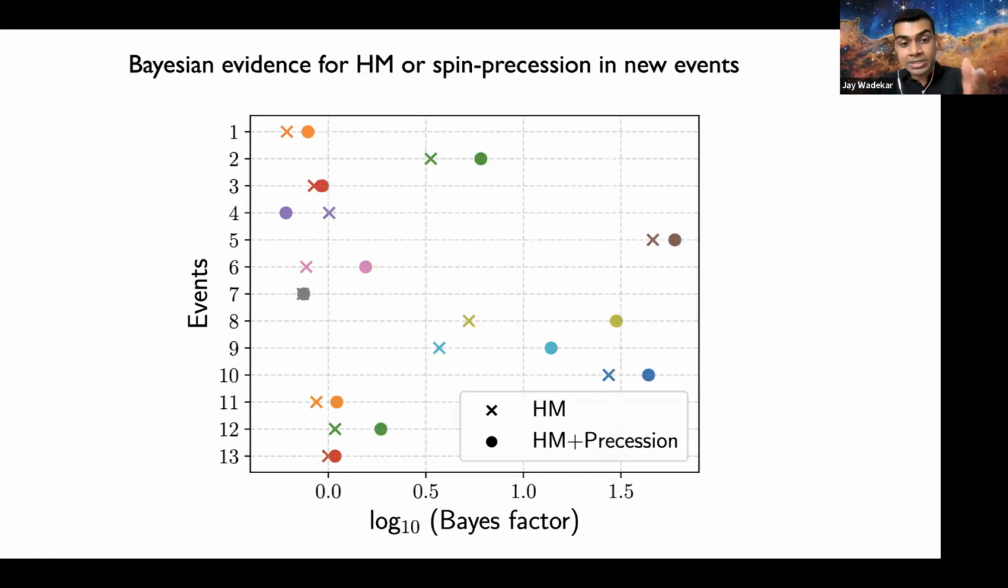Getting back to this Bayesian evidence point: some of these events show Bayes factor preference for having higher modes in the data, and some of them show preference for higher modes and precession.